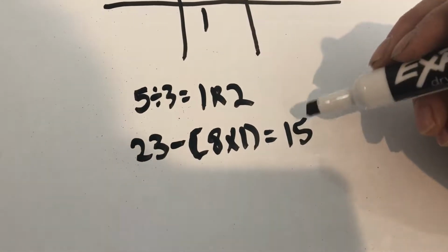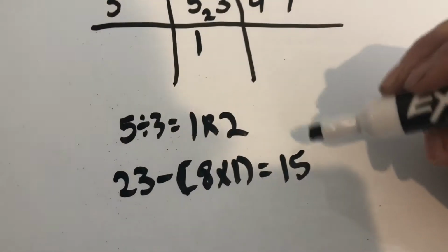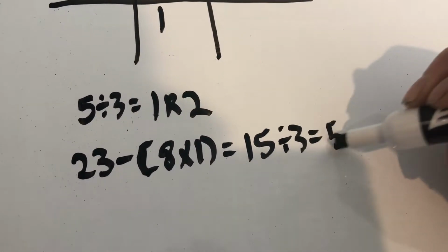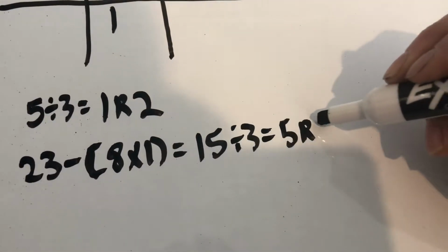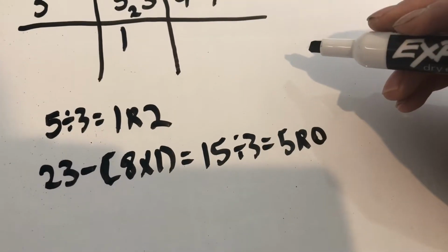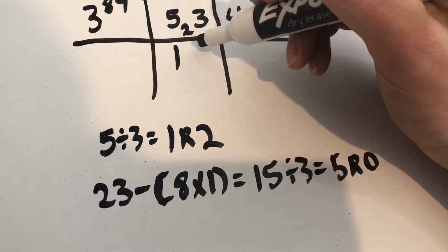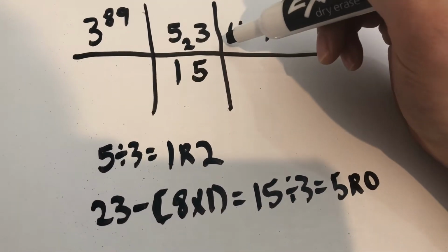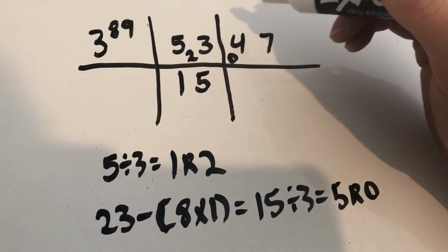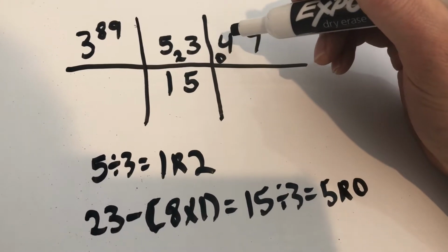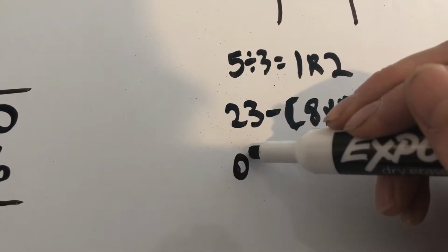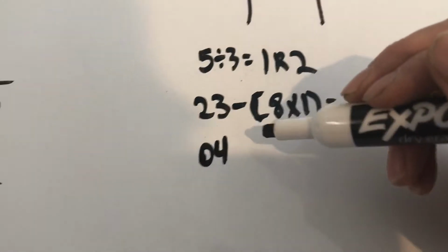Next step is to divide the net dividend of 15 by 3. So 15 divided by 3 equals 5 remainder 0. So we write 5 over here, with a remainder of 0 over here. And 0 is prefixed to 4, so 4 will be the gross dividend.